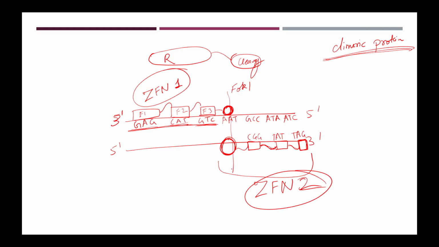So to express two particular proteins, what could be done? You clone this ZFN1 protein in one vector, ZFN2 protein in another vector. Okay, one vector ZFN1, another vector you have cloned ZFN2.